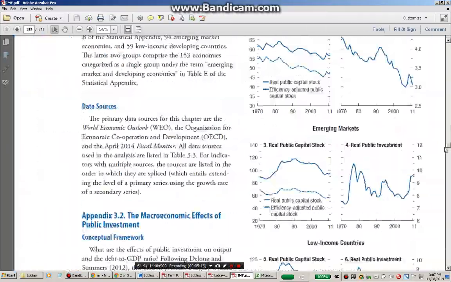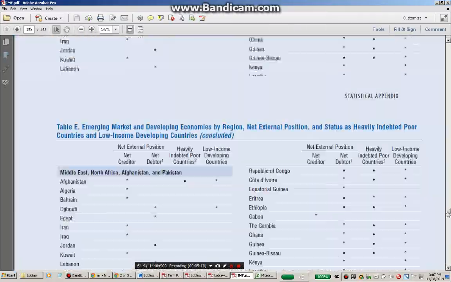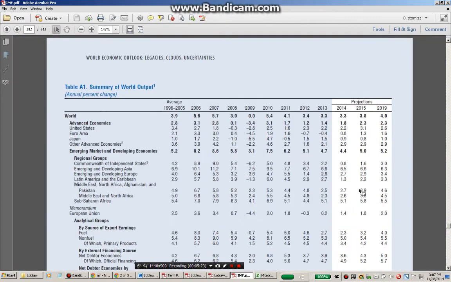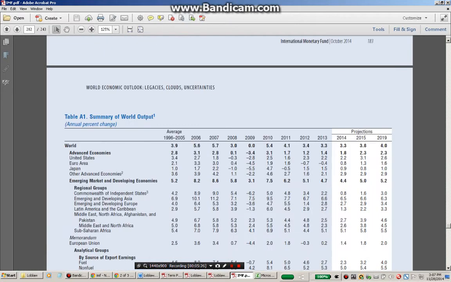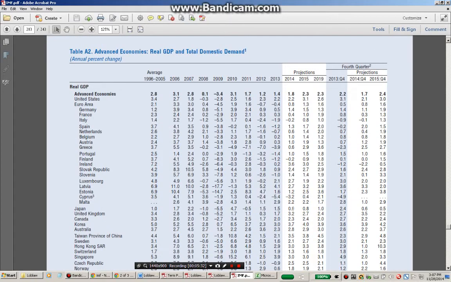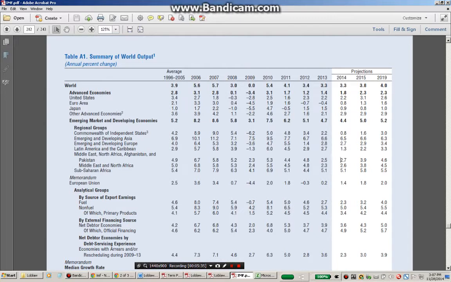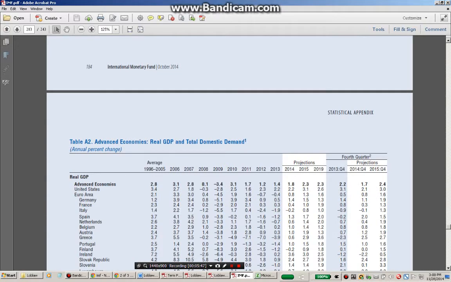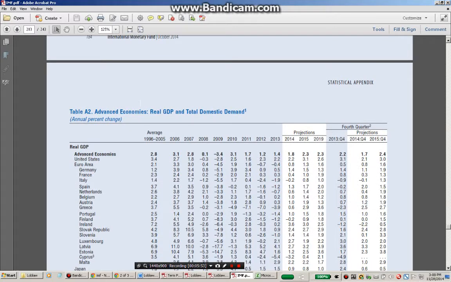We just want to scroll down to when we actually get the country by country forecast. Oh, okay, somewhere around here. So I've got the world output. Okay, percentage change in real GDP.